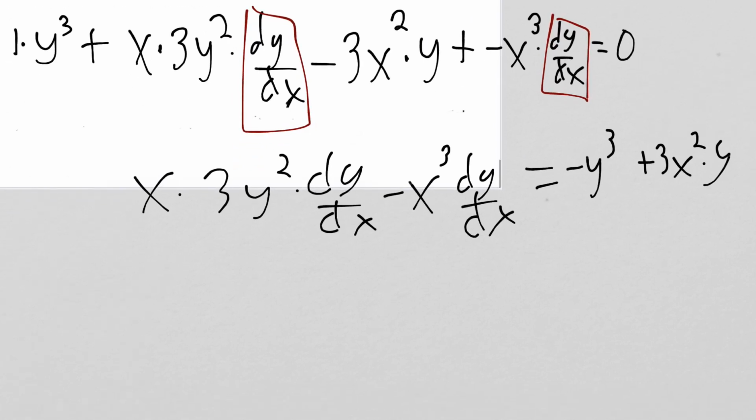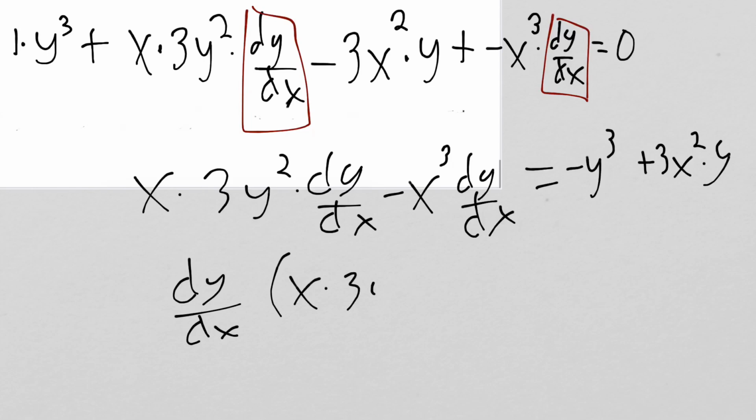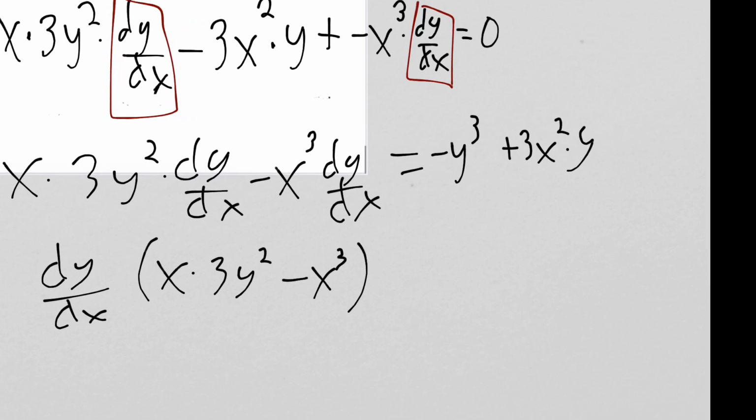We need to isolate that dy/dx, so we factor it out. dy/dx times the quantity 3xy squared minus x cubed. We just took out that dy/dx from both of those pieces, and that's going to be equal to this side of the equation.